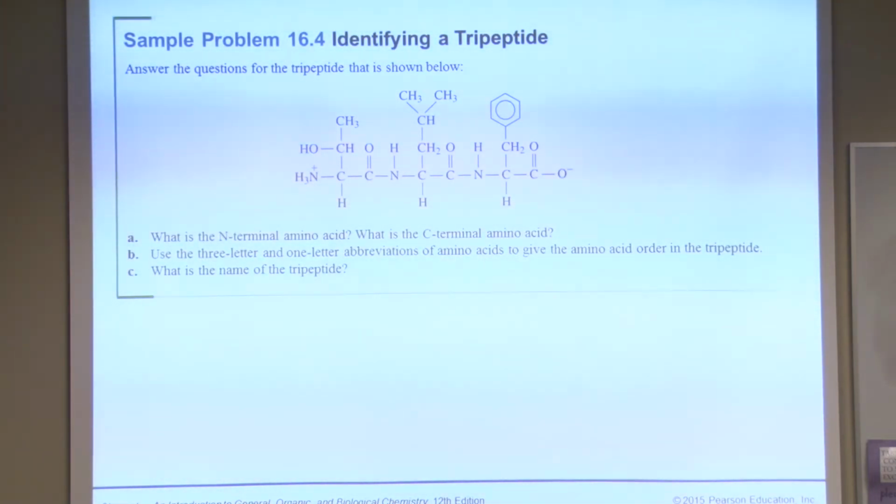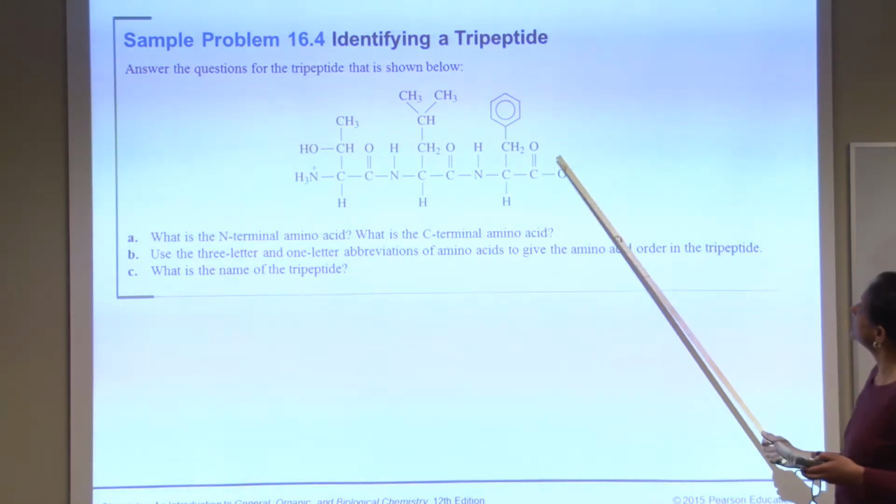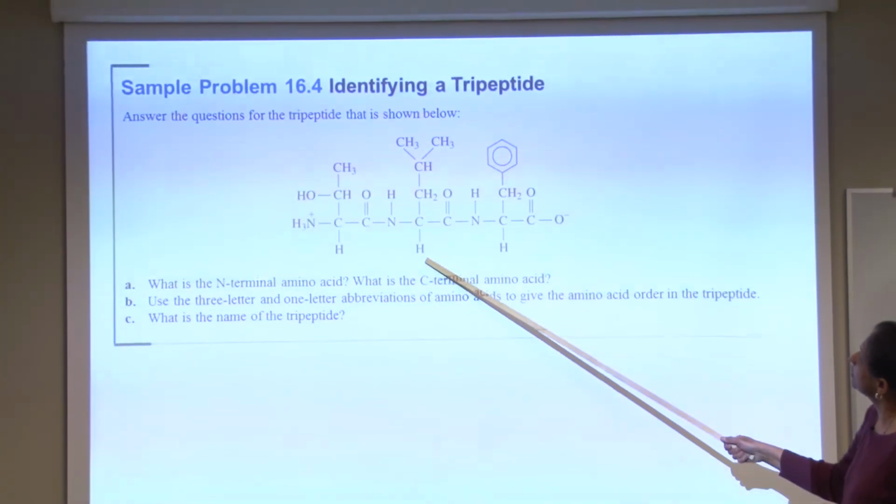So now, identifying a tripeptide. There are 3 amino acids in this tripeptide. So we have to identify the N-terminal and C-terminal. This is the N-terminal, this is the C-terminal, and this is the amino acid in the middle.